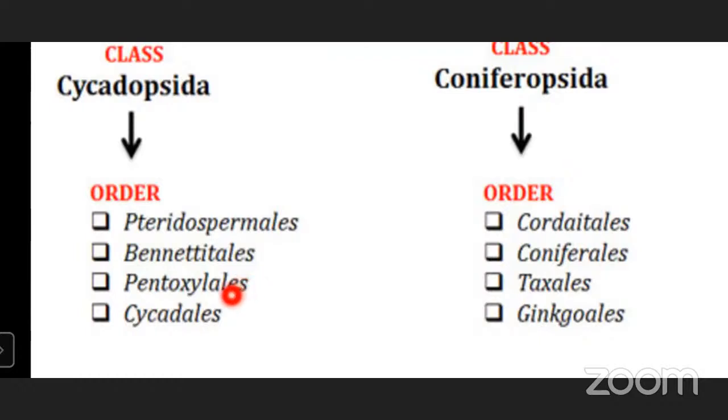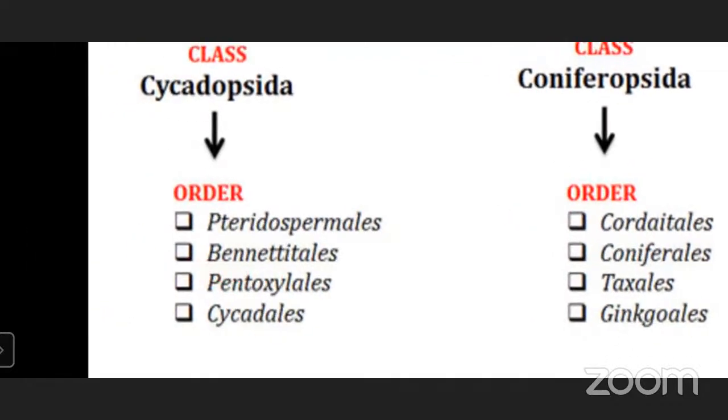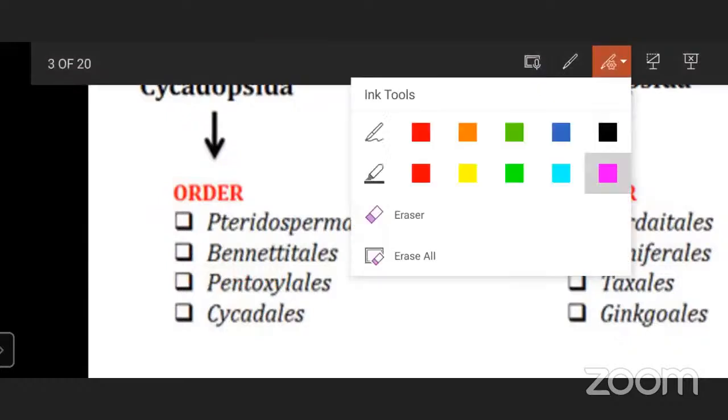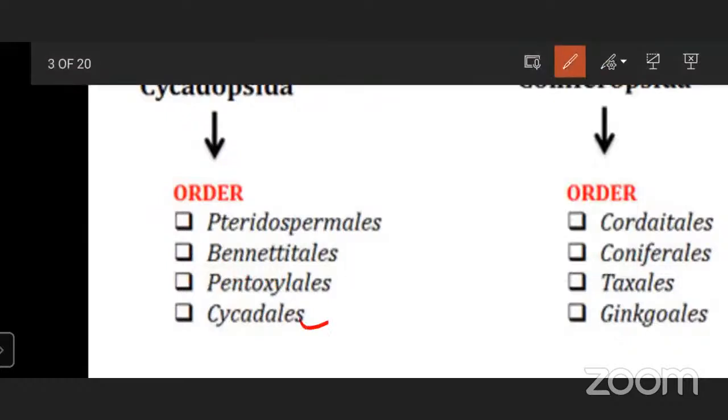Okay. The last order, cycadales, consists of living plants. This order only consists of living plants.